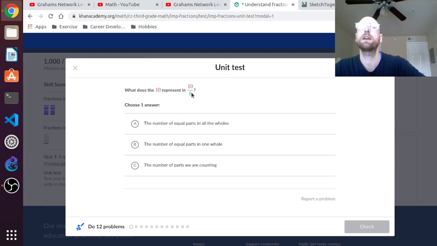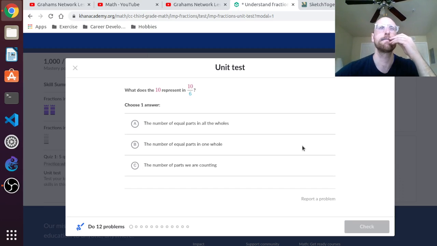So we can think of this as the number of equal parts in one whole, the number of parts we are counting. Oh my god.